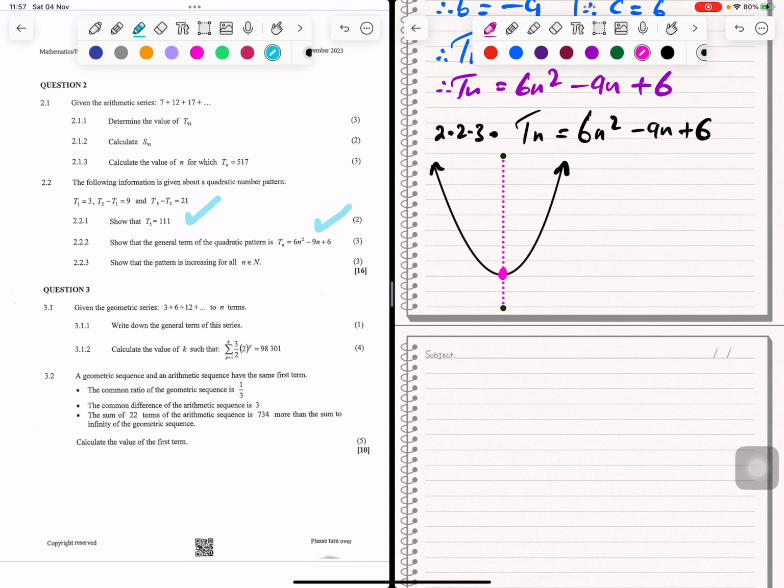Just going to make that one there. Now, this graph here is going to increase in that particular region. Okay, it's going to increase here.